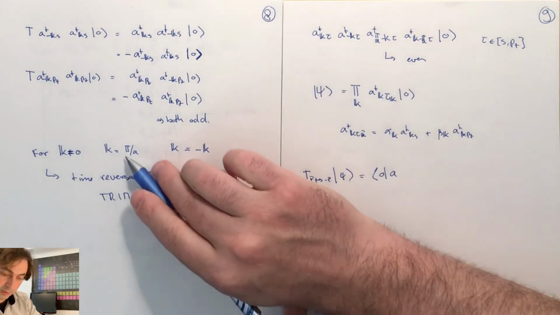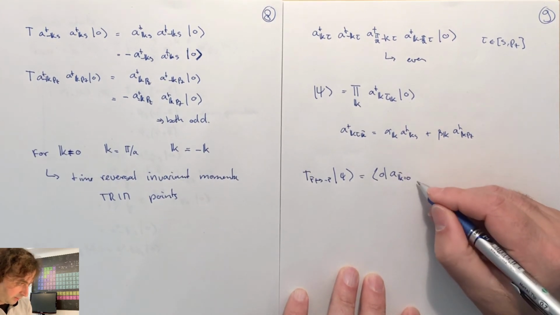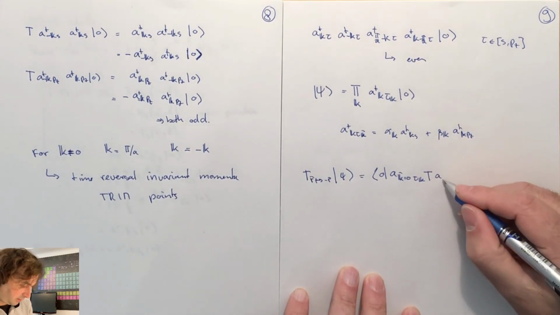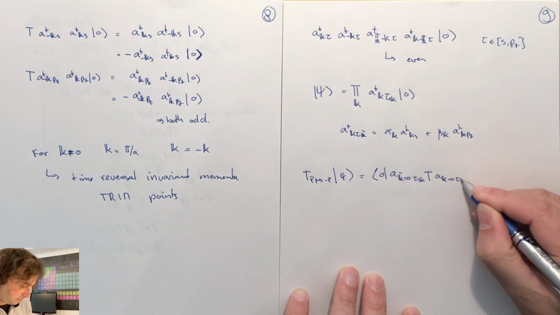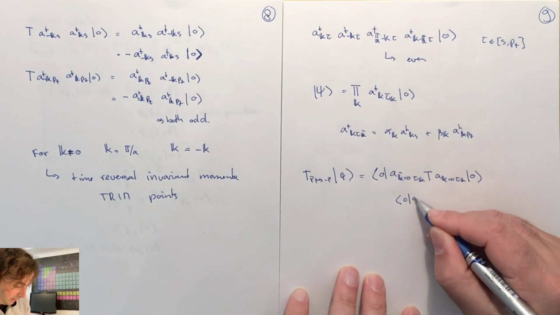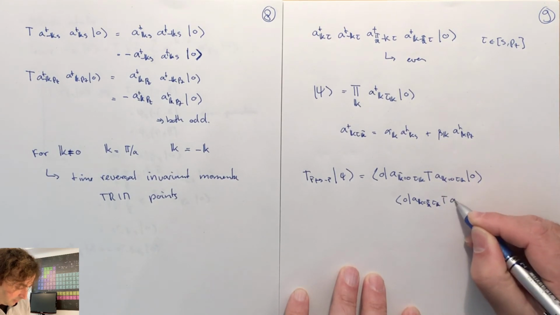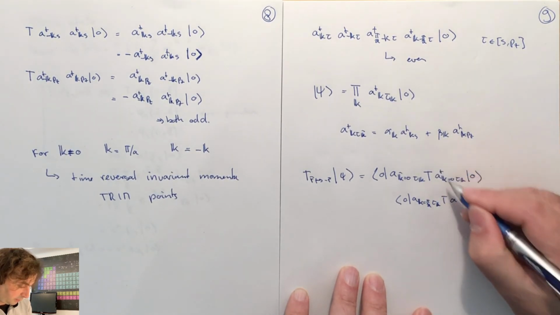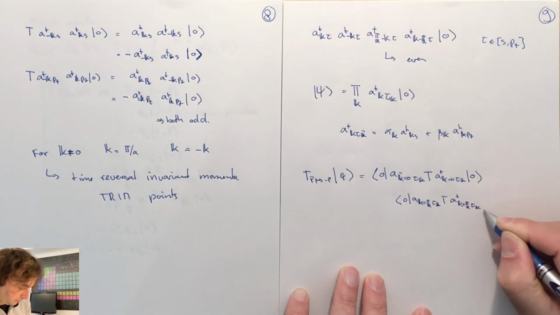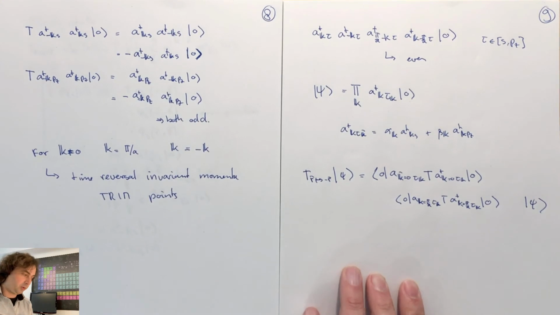well, we have to look at the time reversal invariant points. So we look at the point where k is 0 and see if our Bloch wave is even or odd. We look at the case where k is pi over a and see if your state is even or odd, and then for all other states you're just coming back to yourself.